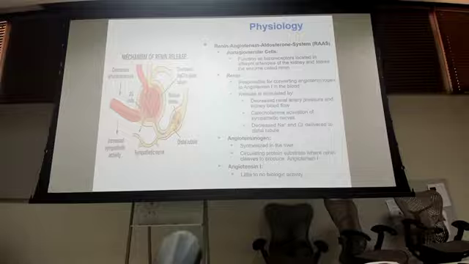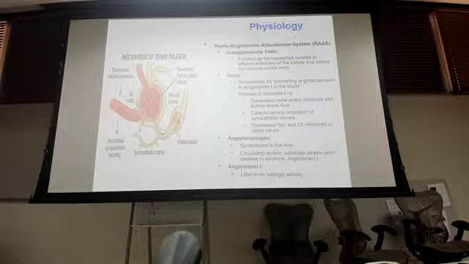Like I said, the baroreceptors, they sense decreased pressure. That means there's less, because they're an afferent arteriole bringing blood into the kidney. What does that mean? That means there's not enough blood coming into that afferent arteriole. So we need to make more pressure. We need to perfuse these kidneys better, and so they kick out renin.